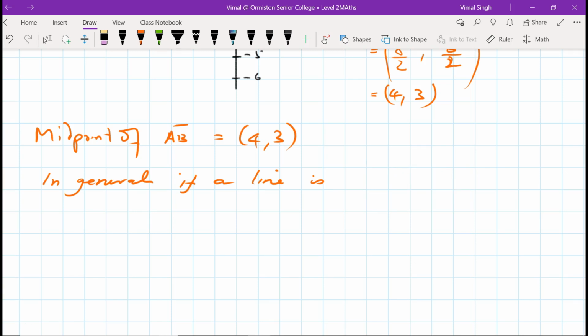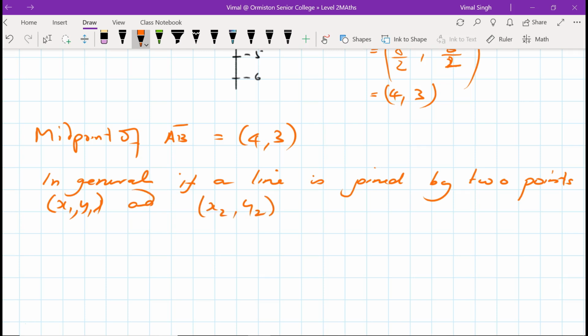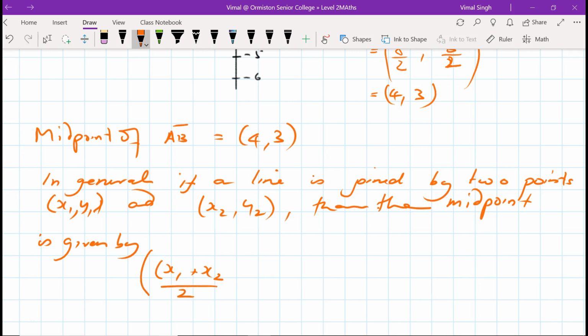In general, if a line is joined by 2 points x1, y1 and x2, y2, then the midpoint is given by x1 plus x2 divided by 2, comma, y1 plus y2 divided by 2.